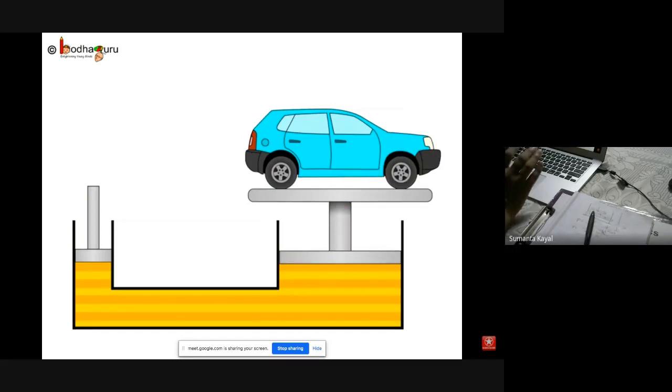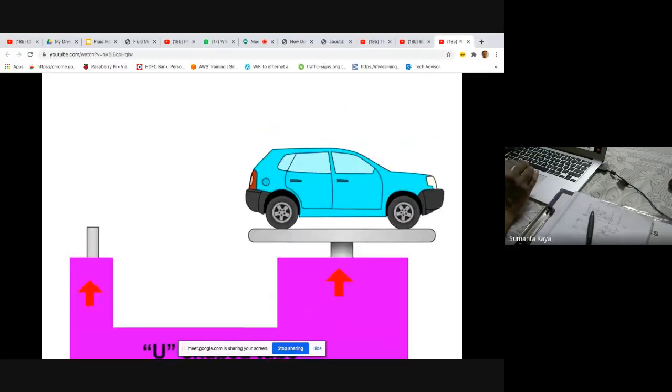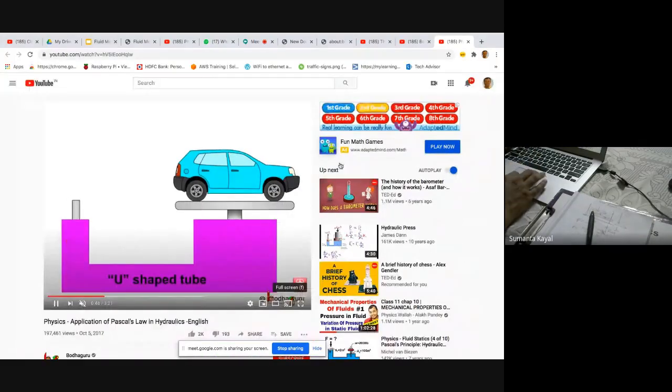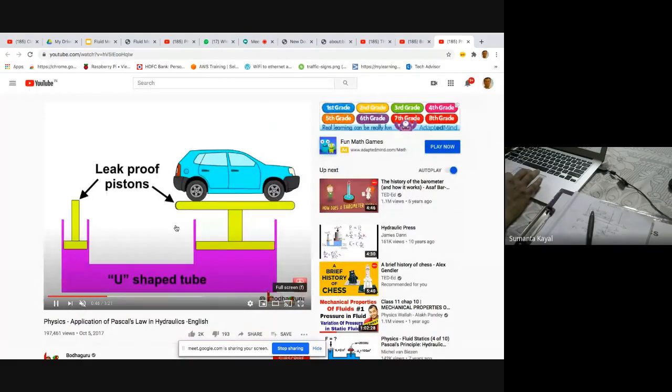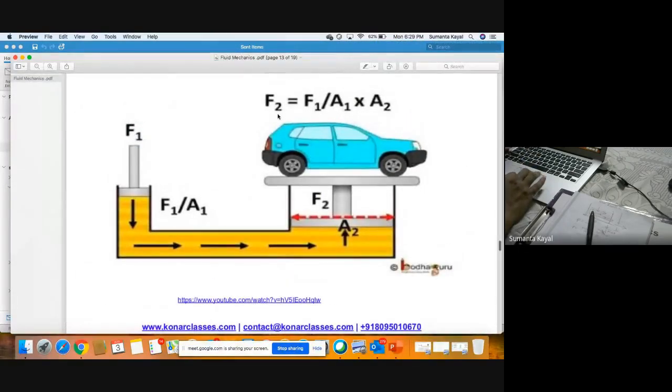When you see it on the road next time, when you go to the service station to get your car serviced, remember Pascal's law. If you remember that way, you'll never forget what we are studying here and what we are seeing in real life. That is exactly the point I am trying to make: you see this car is lifted, F2 equals F1 by A1 into A2. You'll remember this formula when you see the car next time.